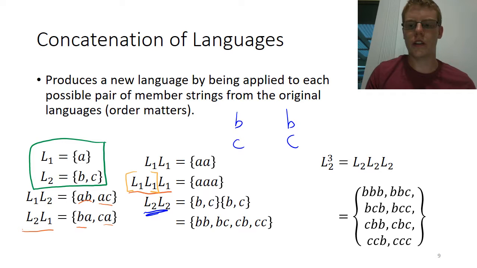So what we end up with is all of the strings from the former concatenated with all of the strings from the latter. So we get BB.